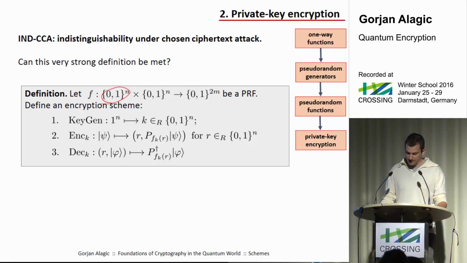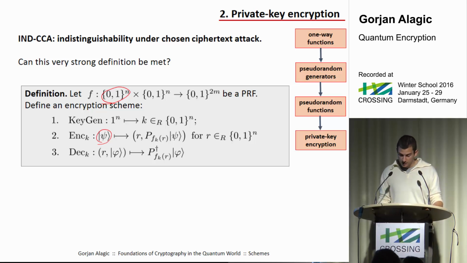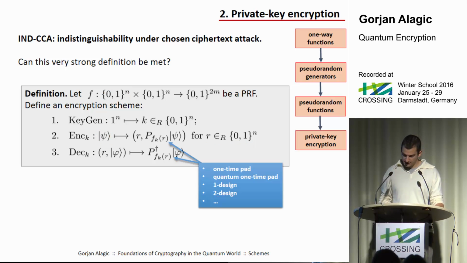Now the encryption method is as follows. We have some plain text that we'd like to encrypt. So we pick first some uniformly random bit string R. Now we run this uniformly random string through the pseudo-random function.